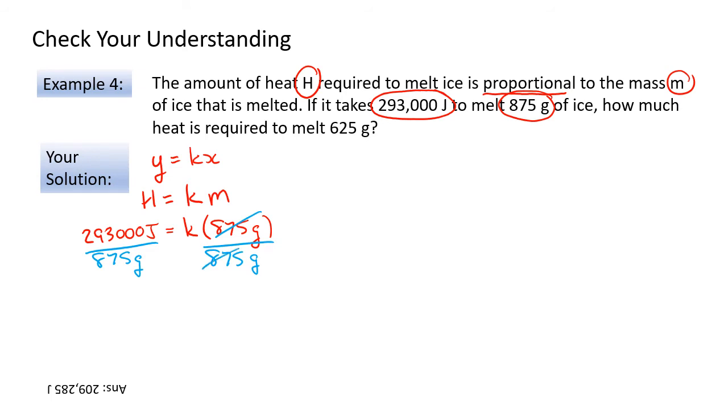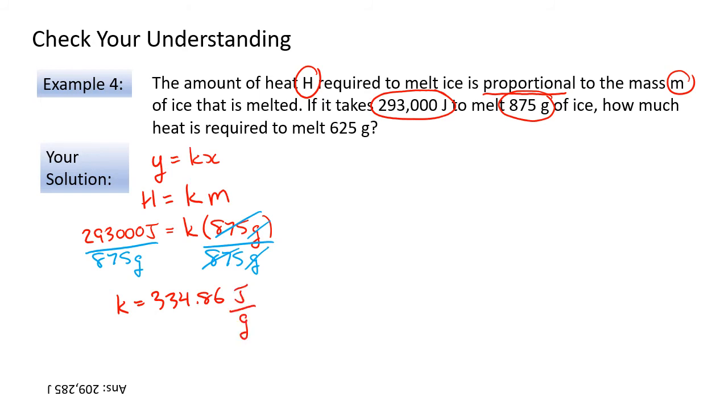On the right side, the 875 and the grams units cancel. So we're left with K is equal to 293,000 joules divided by 875 grams. And what that comes out to is 334.86 joules per gram.